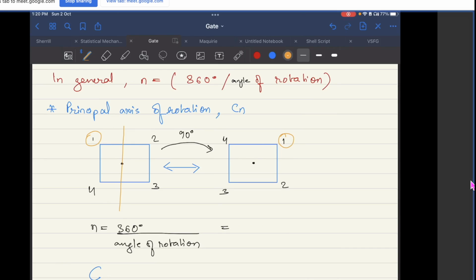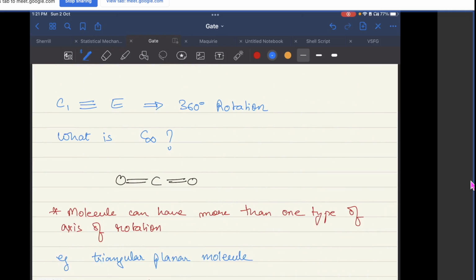So my n will be 360 divided by the angle of rotation, which is 90, so it will be 4. So this axis of rotation will be denoted as C4. This is my principal axis, or axis of rotation, C4 here.